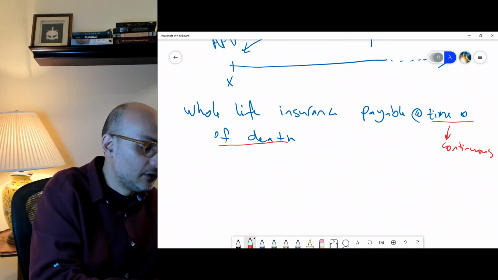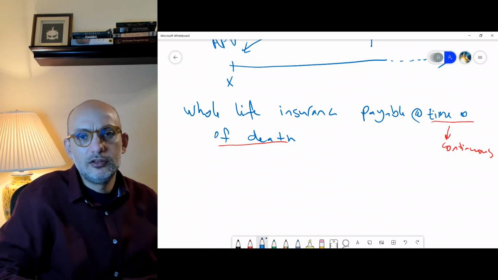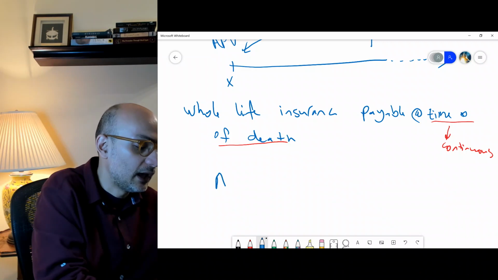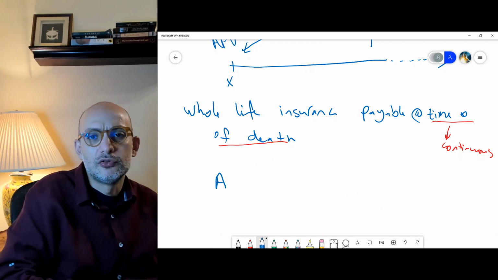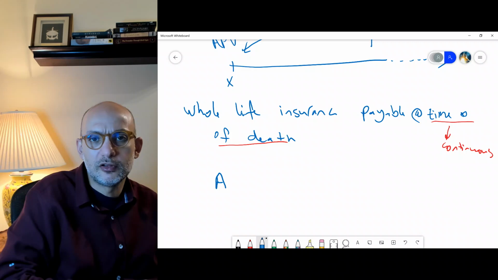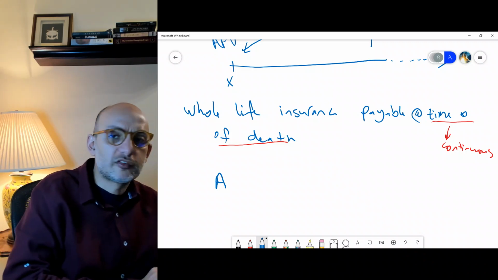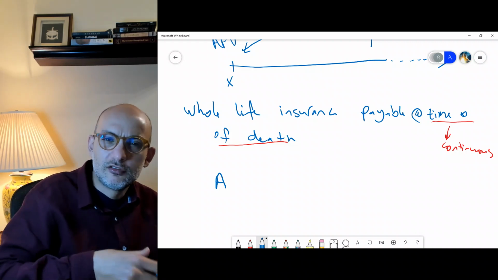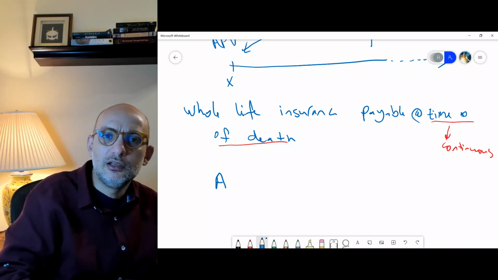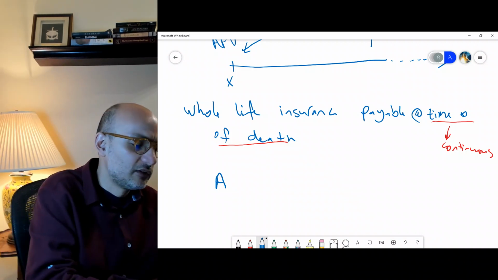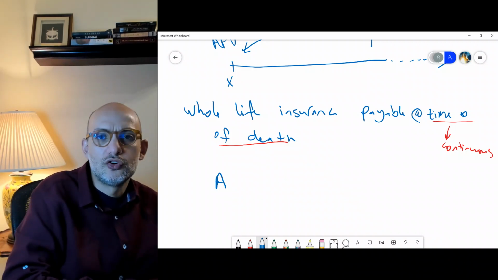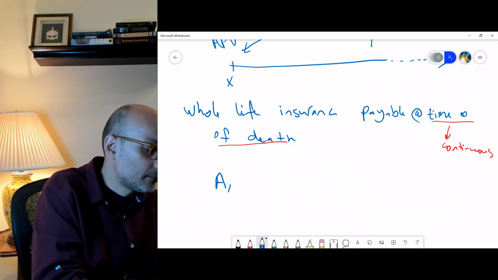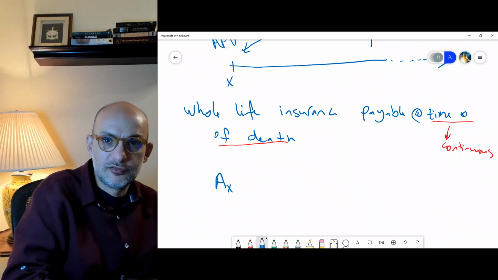The actuarial notation for this one, we need to be careful here. For any insurance benefit, we use the notation A, capital A. You're going to see lots of notations now, but there is logic for these notations, so you shouldn't be overwhelmed. A is the letter assigned to the insurance benefit, and X, by now you know, is the age.